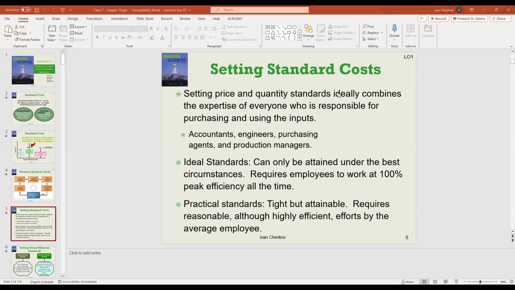Out of 8 hours that you work, you're paid for 8 hours, correct? Yes. Now, out of those 8 hours that you're paid, how many hours do you actually work at 100% efficiency?